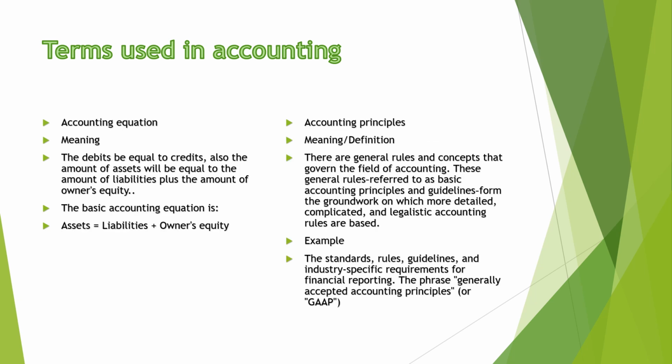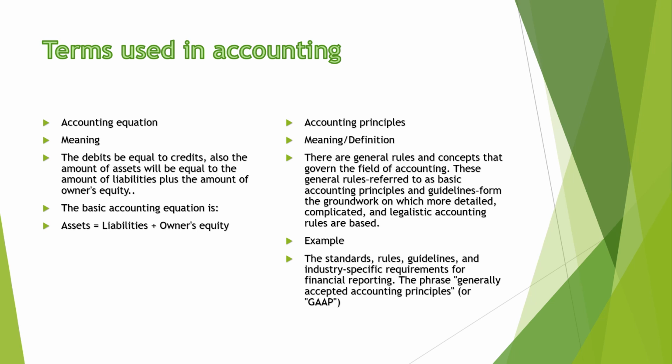Another very important term is what is accounting equation. In the accounting equation, debit must equal credit, and we have seen earlier that assets must be equal to capital plus liability. Now we are coming to what is accounting principle. There are general rules and concepts that govern the field of accounting.